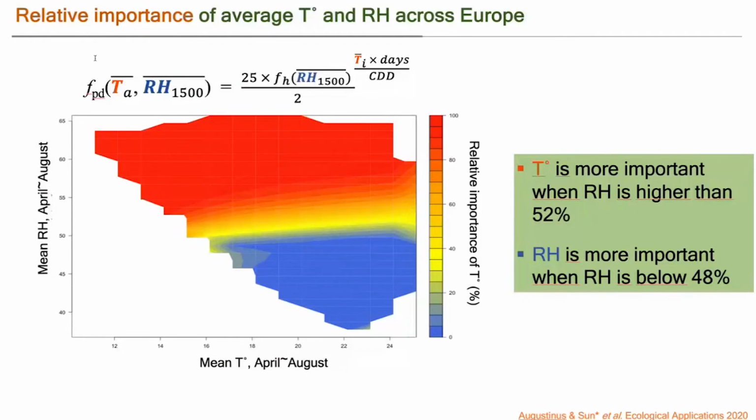We know these are the 2 key environment factors. Based on a change of 1 degree of temperature or 1 degree of relative humidity, we could calculate their relative importance. And we now know where or when, in which situation, temperature drives the population growth, and when relative humidity drives population growth.